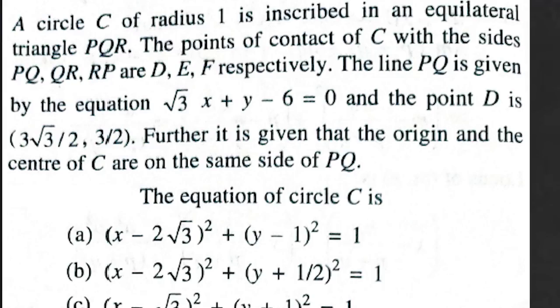So we have this triangle PQR, and there is a circle C which is inscribed in it. So what we'll do is we'll first draw this circle C, and then we have this triangle PQR.